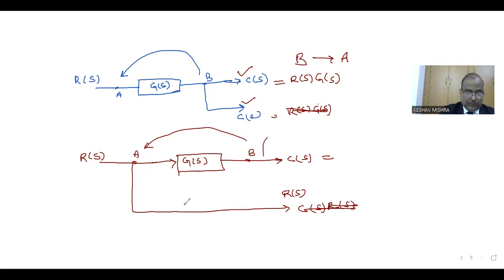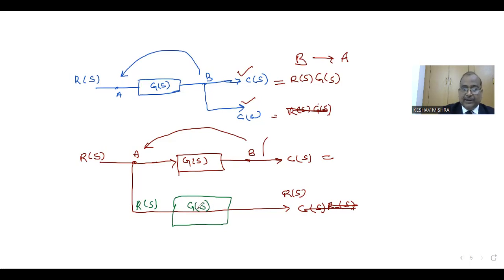To do so, an additional block is introduced here in the path of this takeoff point, and the transfer function is Gs. So Rs is the input, Rs and Gs.